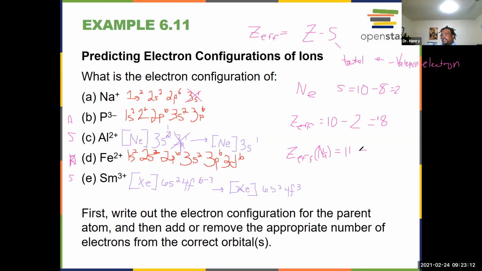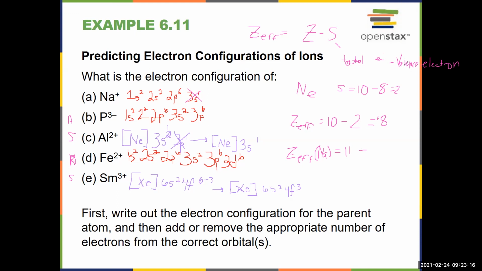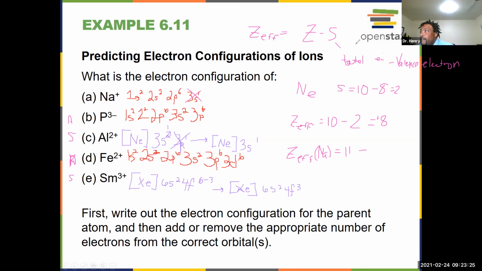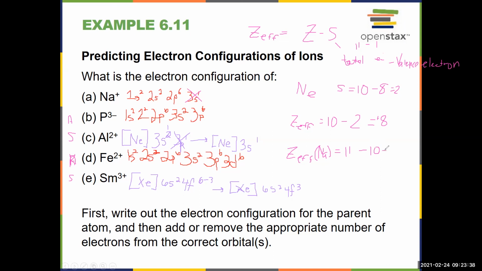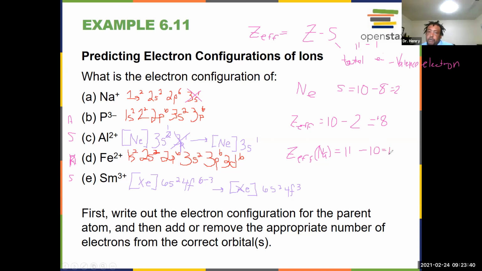How many valence electrons does sodium have? 1. So the total electrons is 11, minus the number of valence electrons, which is 1, so that's 10. So in that case, S would be 10, and Z effective would be 1.